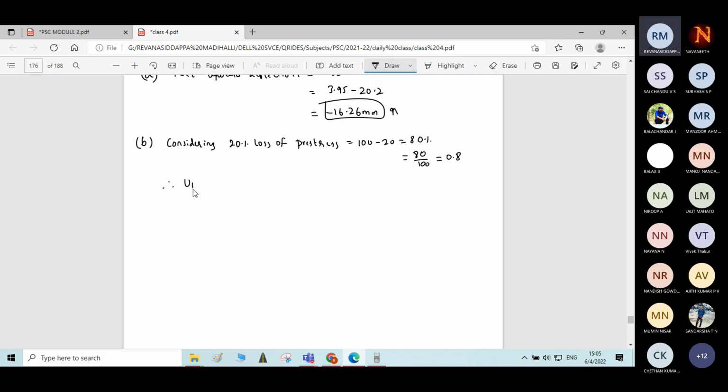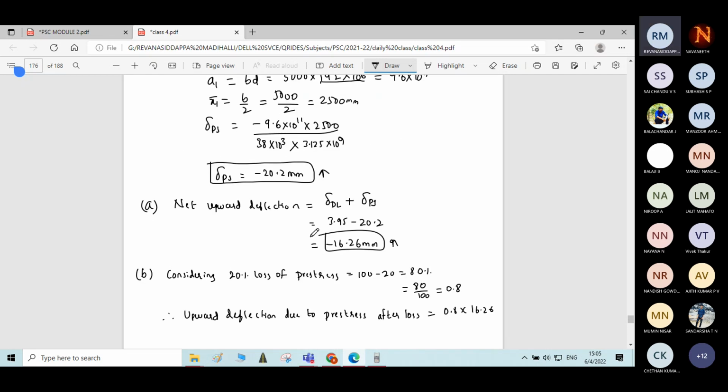Therefore, upward deflection due to prestress after loss will be 80% of this value, 0.8 into minus 20.2.